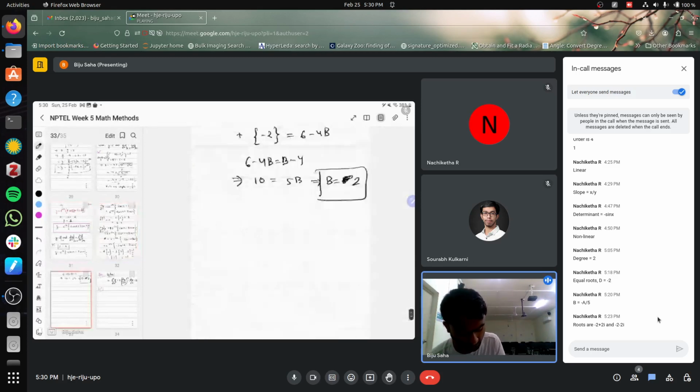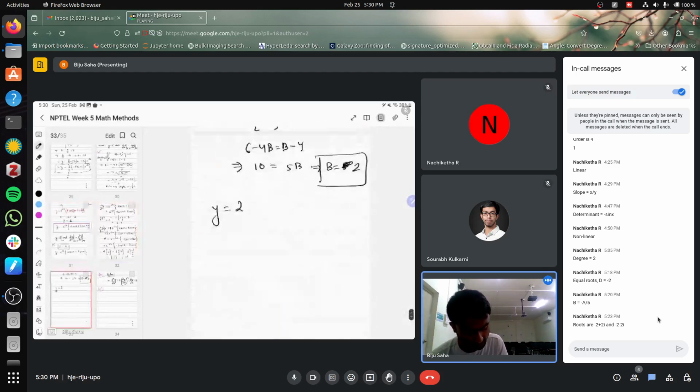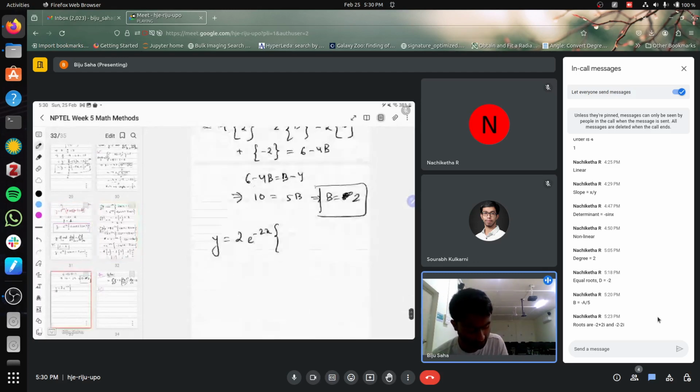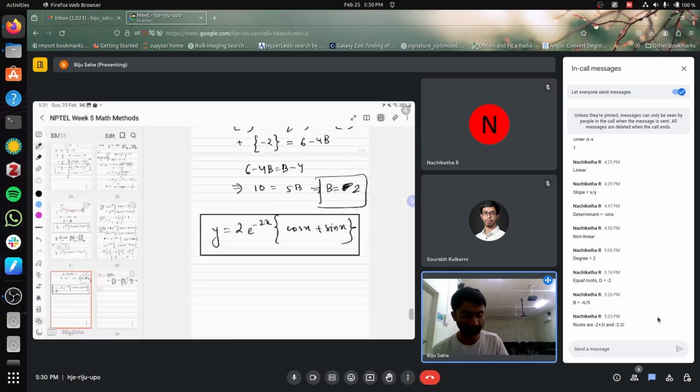So basically you have y is equal to 2, taking out in common e to the power minus 2x, cos x plus sin x. So this is the solution. This contains no unknown constant. Basically you know both a and b by using the initial conditions. I hope this is clear.